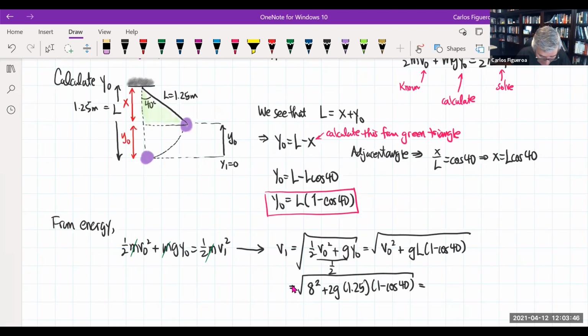I got an error on my calculator, so let me try one more time. Oh, damn, it keeps telling me I have a missing parenthesis.